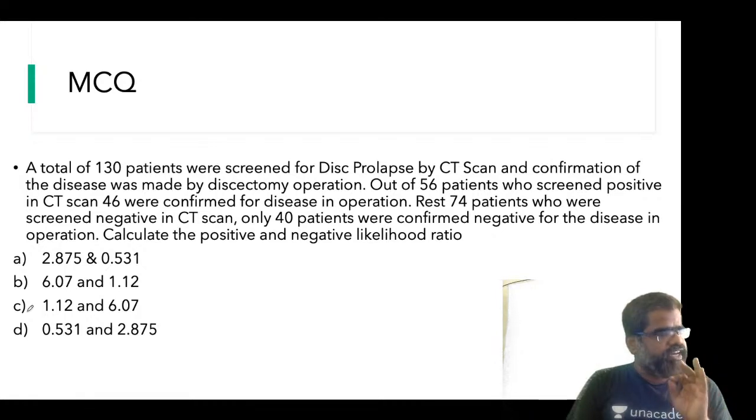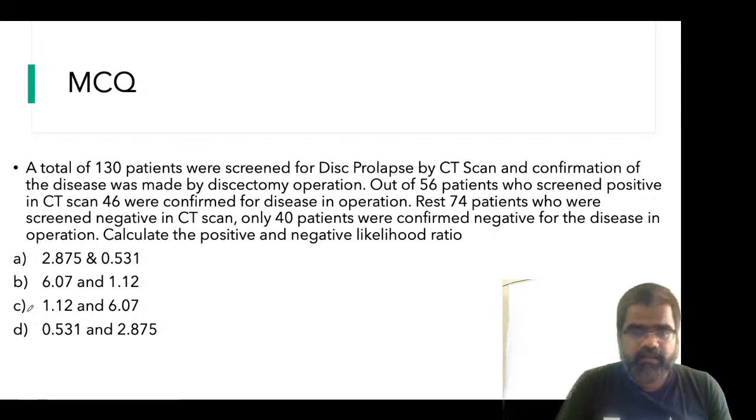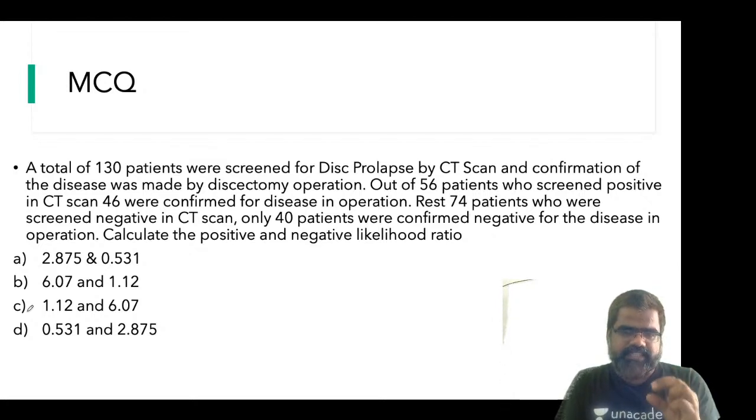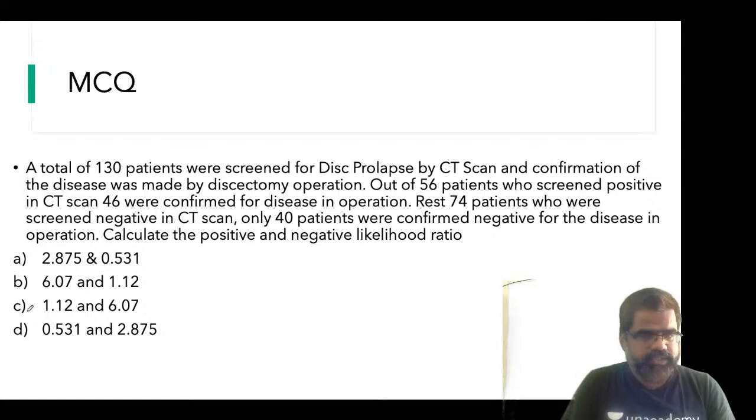Calculate the positive and negative likelihood ratio. Try this. What do you think? Long question, but read in small fragments, it will be easy. What is the positive and negative likelihood ratio? Is it 2.875 or 0.53, 6.01?